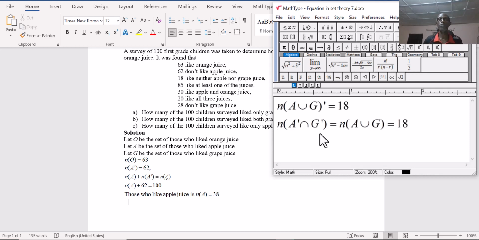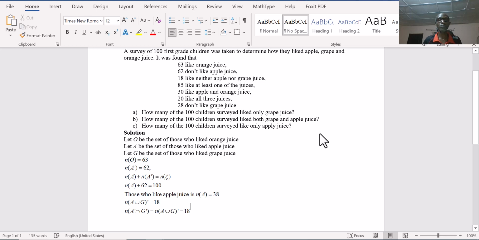This is what that statement means. 18 like neither apple nor grape juice. So that is for that. We have been able to write it.